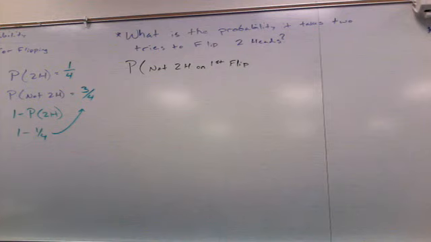Then what happens on the second flip? We get 2 heads. Right? Now what conjunction is going to be between those? And, or? What do you guys think? And. Okay. It is an and statement. In order for it to take 2 flips or 2 tries of flipping 2 coins to get 2 heads, it has to be an and statement.